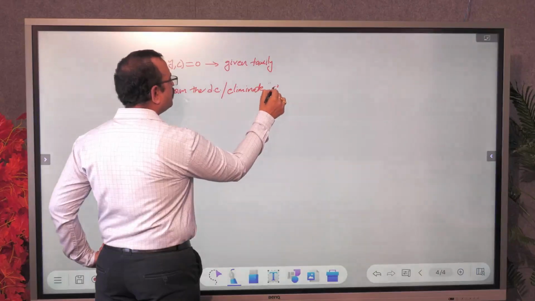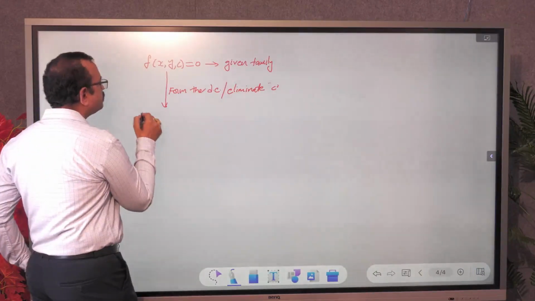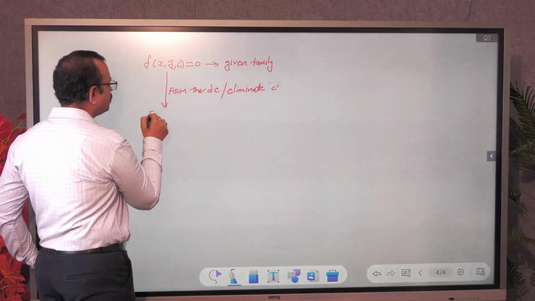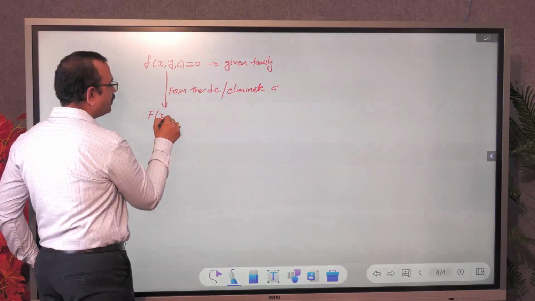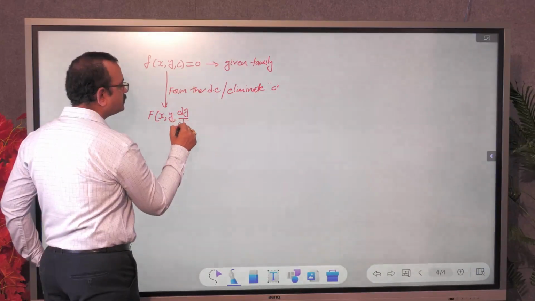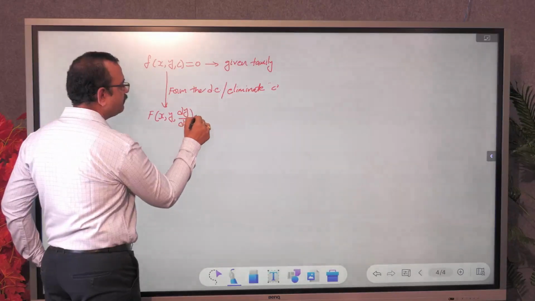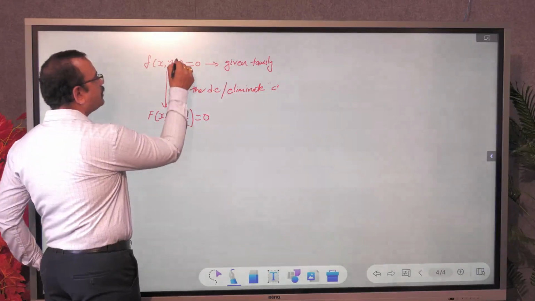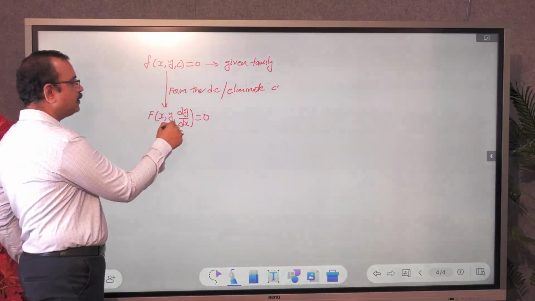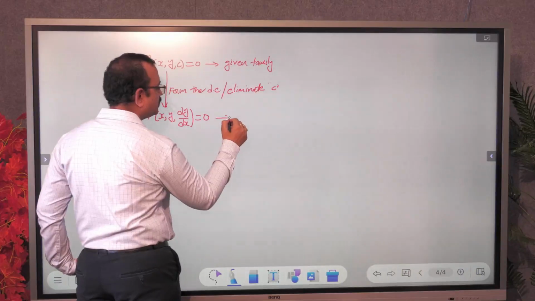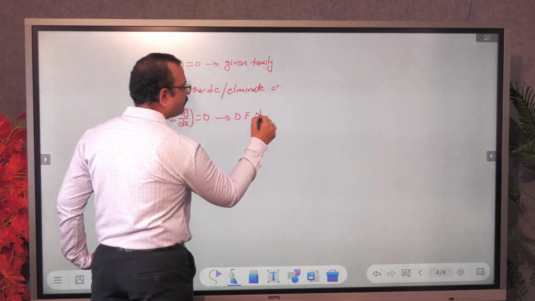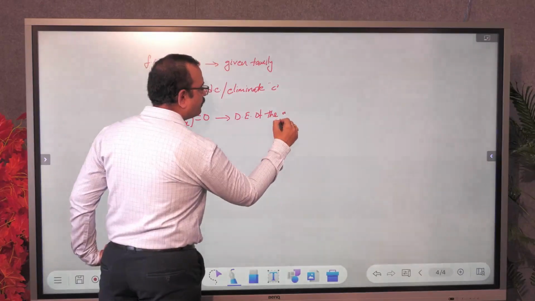Here, as we have only one arbitrary constant, we will get only a first order differential equation. So I am writing that as some capital F of x, y, dy by dx. First order means, if y is dependent and x is independent, then we may write like this. So now the arbitrary constant is eliminated and we got a differential equation F of x, y, dy by dx is equal to 0. This is the differential equation of the given family.